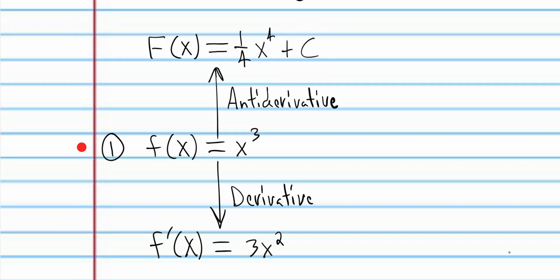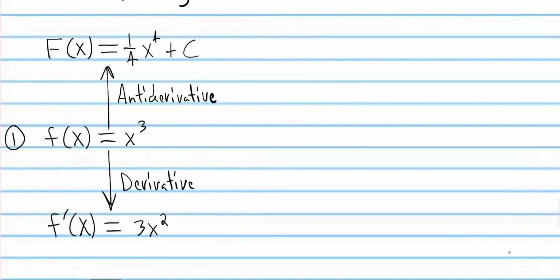Now, what in the world is c? Well, c is a letter that represents any constant you want to put in there. Now, let me show you why we have to add some letter that represents a constant.